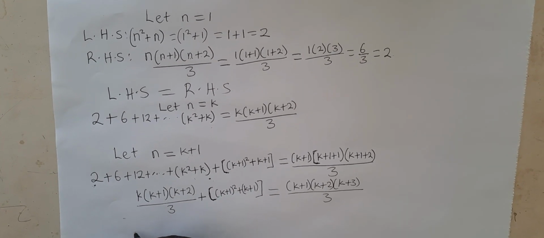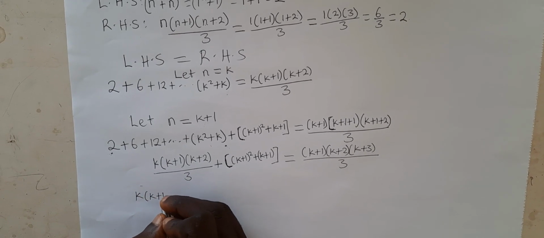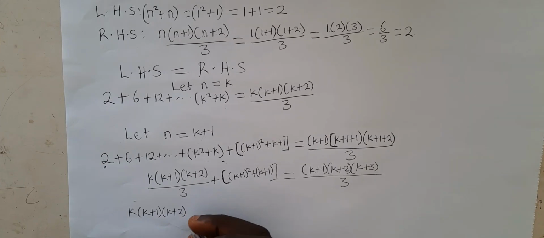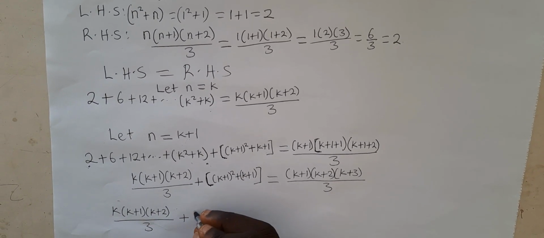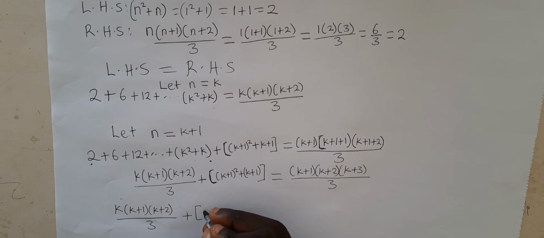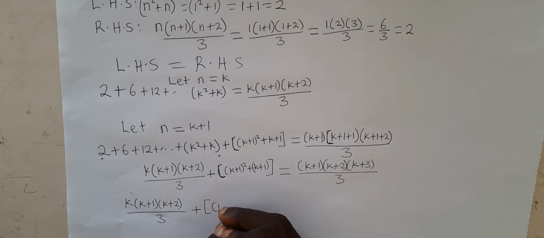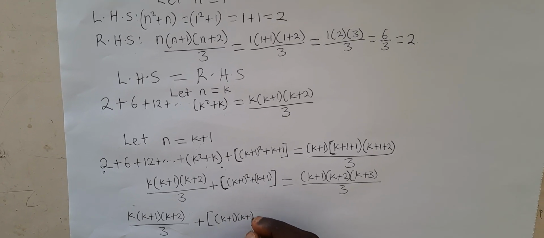So I have what? K into bracket k plus 1, k plus 2, all over 3, plus brackets. Here, this k plus 1 square is the same thing as k plus 1, k plus 1.